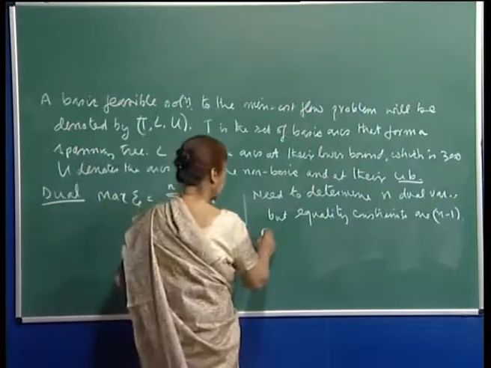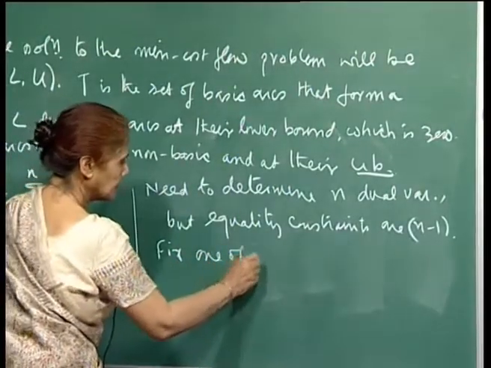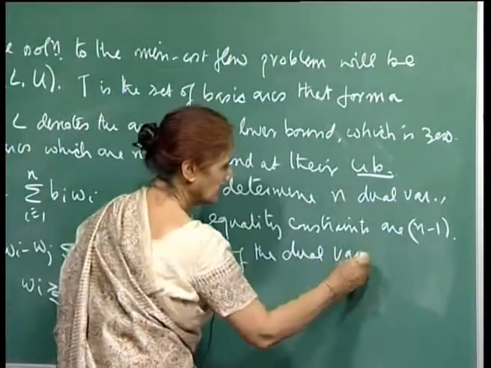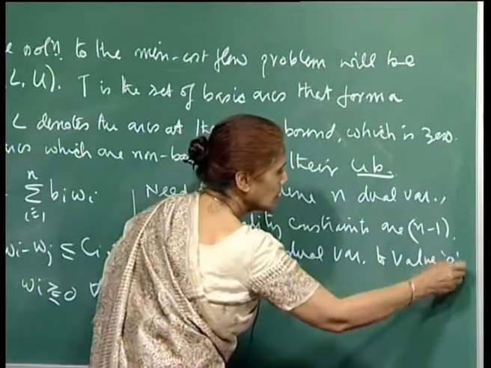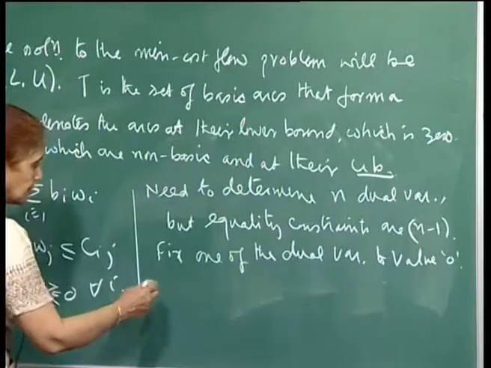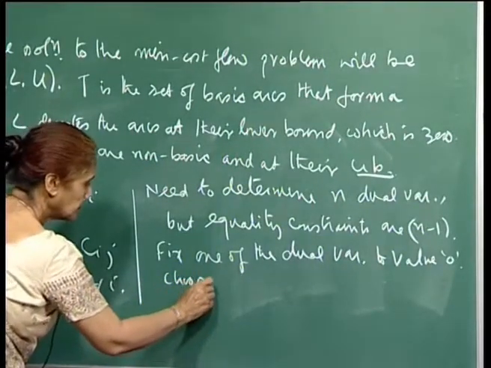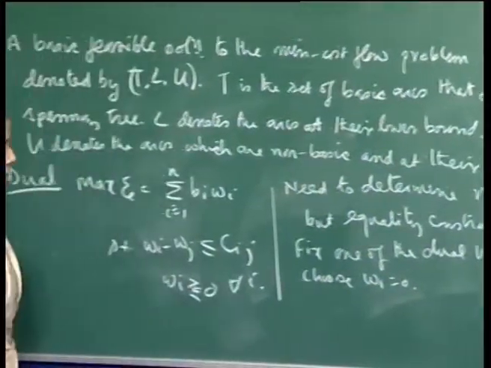So, fix one of the dual variables to value 0, and mostly we decide to choose w1 to be 0. So, we just keep that convention. Okay.